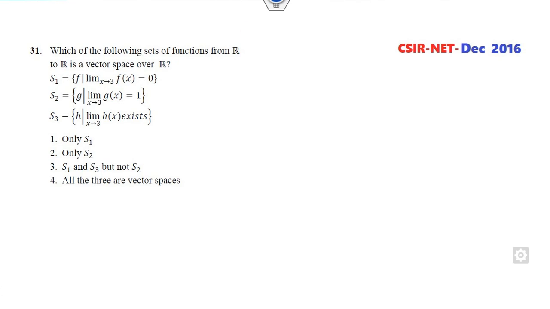Okay, which of the following forms a vector space? We all know W is said to be a vector space if the zero identity element belongs to it, and alpha f plus beta g also belongs to it, when alpha, beta are real numbers and f and g are already in it. So these two properties must be satisfied. So look at that.